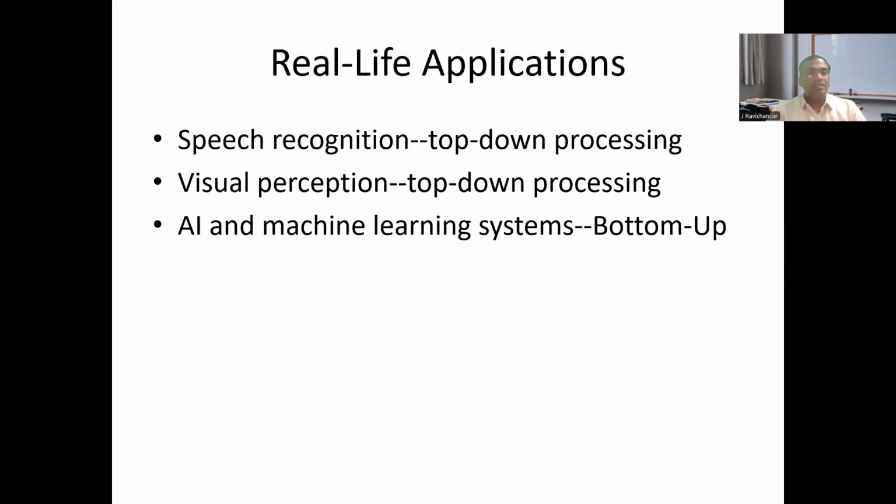Next, another one is visual perception, what we hear. And another one is AI and machine learning systems. So it follows bottom-up processing.